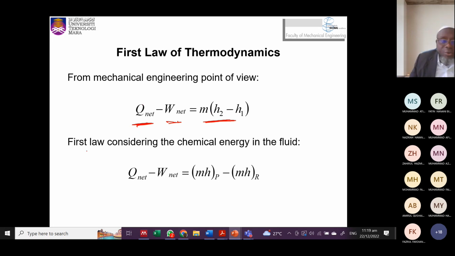This equation can also be considered as the net heat added to a system minus the net work being equal to the enthalpy of the products minus the enthalpy of the reactants. P here means product, and this is the enthalpy of the reactant.